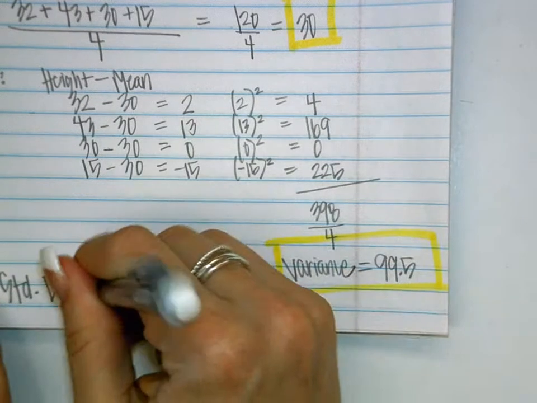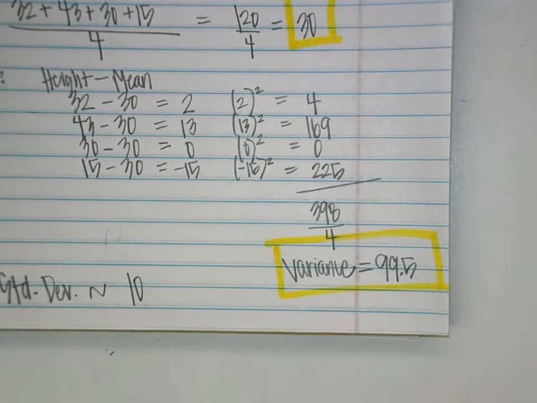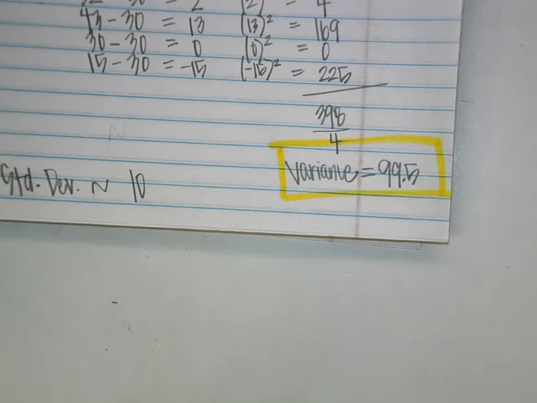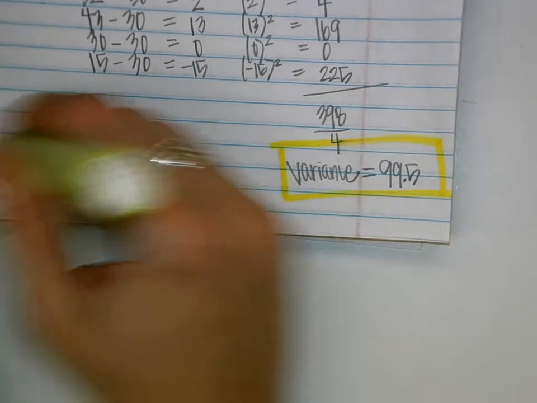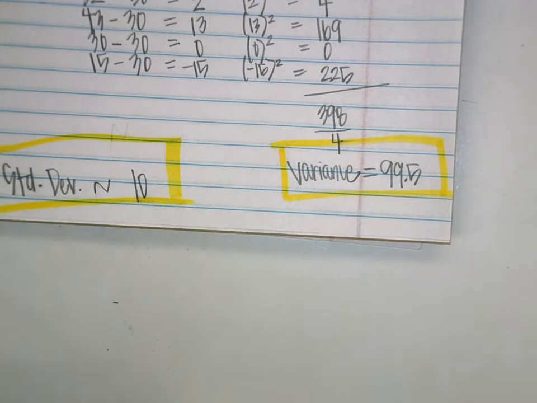If you write 9.97, that's fine, but you have to read the question. This one would probably ask you, what is the standard deviation to the nearest inch? So make sure you read the question. If we're talking about inches, there's pretty much no way you can measure 9.97 inches. It's 10.